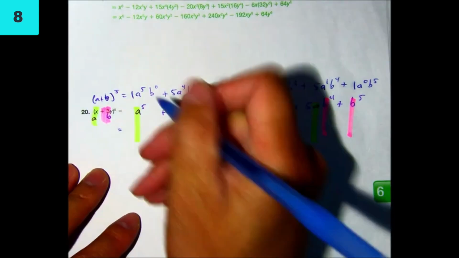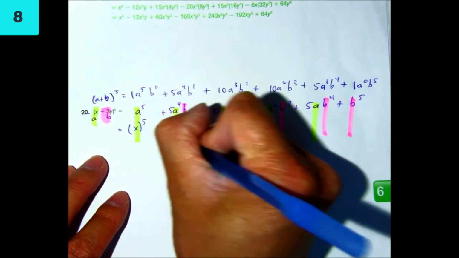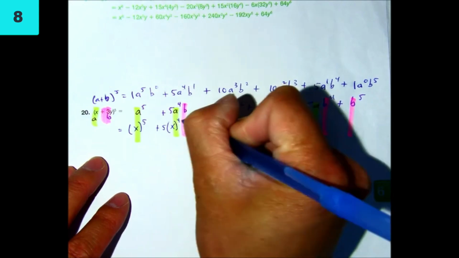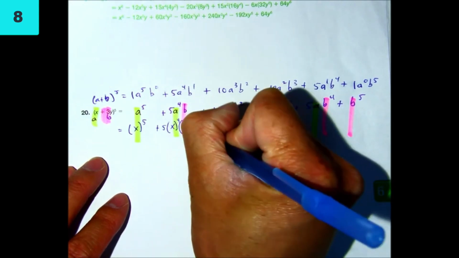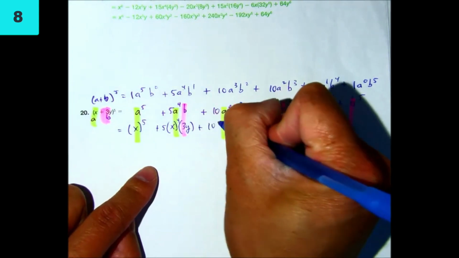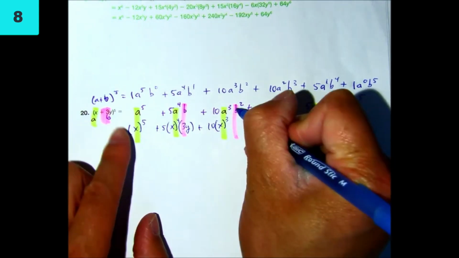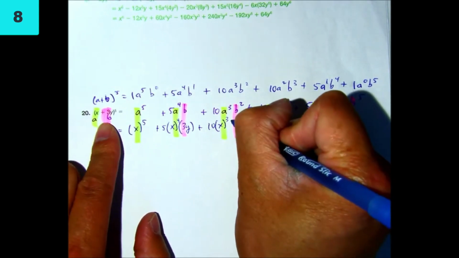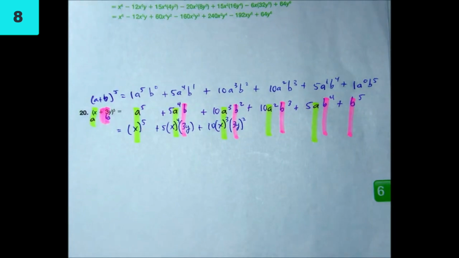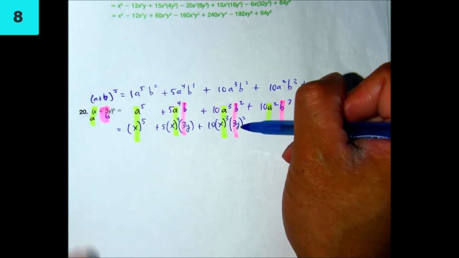So now I have x to the 5th power plus 5 times x to the 4th power times 3y, right? There's the b value. Plus 10 times a value is x, and my b value is 3y squared. So notice that every time I'm replacing here in pink, it's going to be in parentheses. Do you see that? Super important.